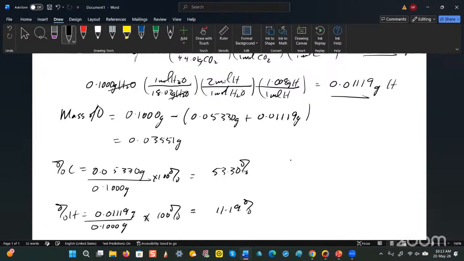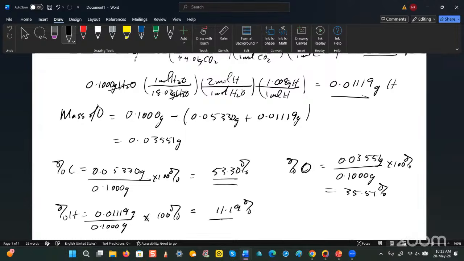And then for oxygen, percent oxygen, not carbon, that would be equal to 0.03551 grams divided by 0.1000 grams times 100%. And that would be equal to 35.51%.